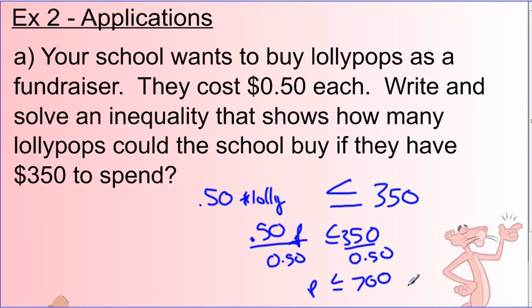You could buy 700 lollipops or anything less than that, and you'd be within $350. So if you bought 600 lollipops, you're good. You did not spend more than the budget. If you bought 705, now you're over the $350. You have to buy no more than 700. Okay? Pretty simple, pretty self-explanatory, I think.